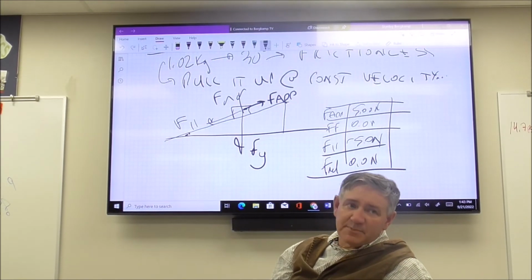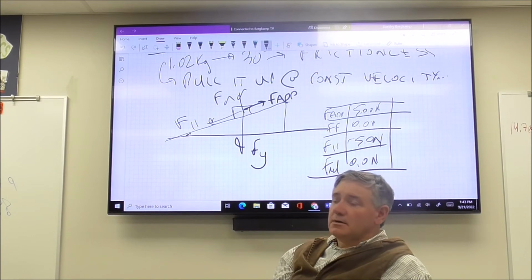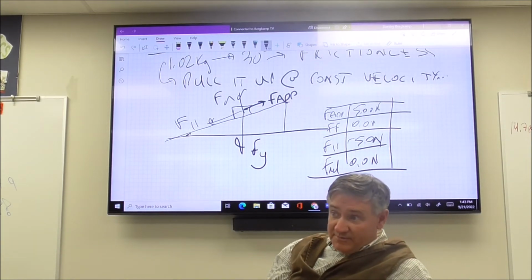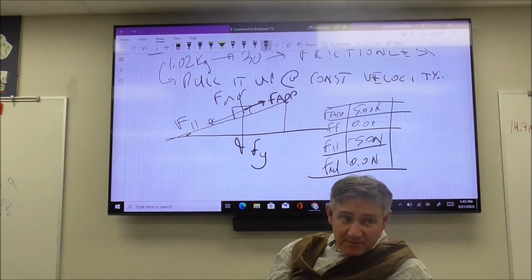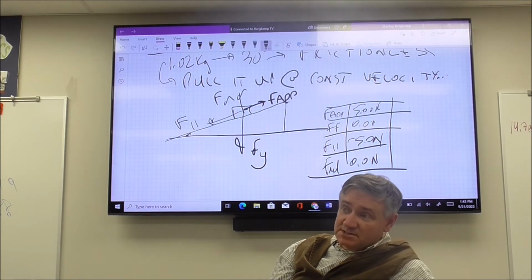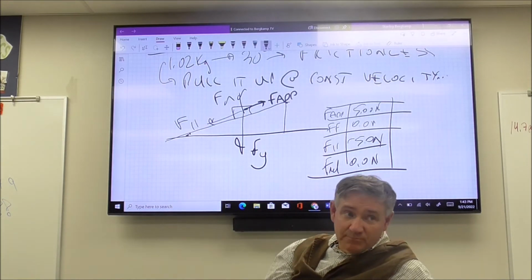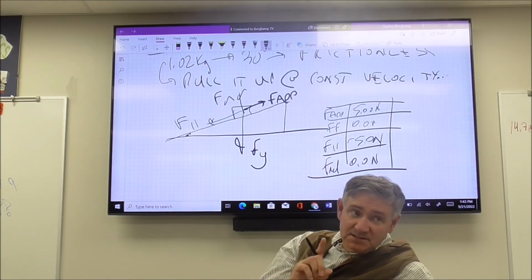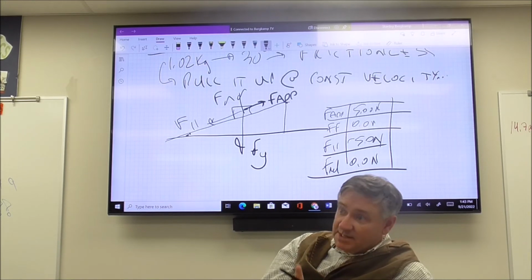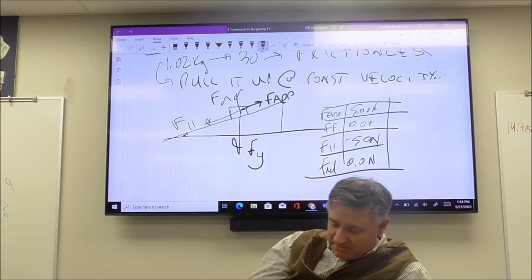Sometimes it might be, but get out of your minds right now that friction is always a negative value. What is always true of friction is that it acts in the opposite direction of motion. That's the only thing that's always true.